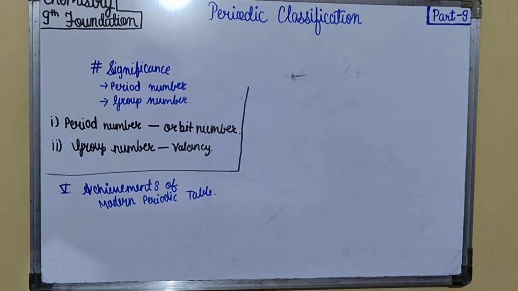First is based on more fundamental property. The long form periodic table is based upon atomic number, which is a more fundamental property of an atom.